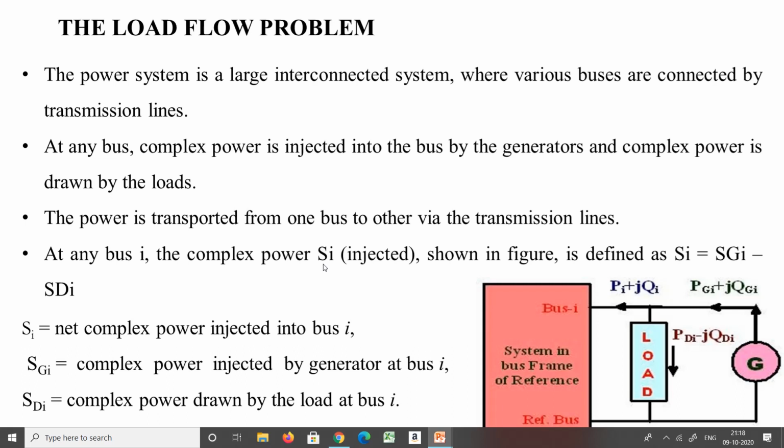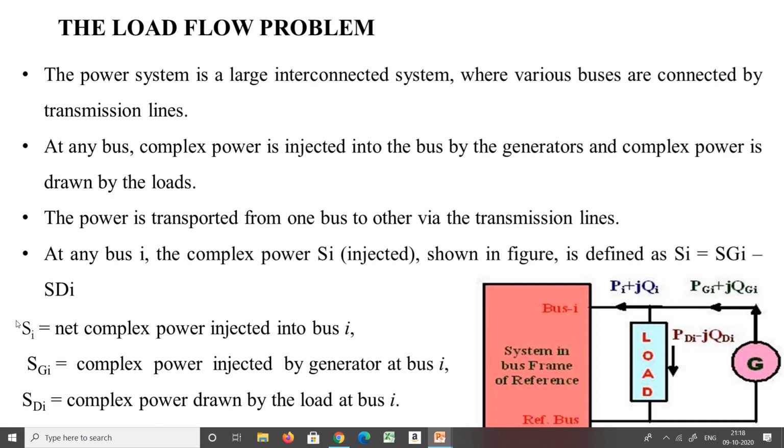What does it represent? S suffix i represents the complex power injected to bus i. SGi represents the generator and SDi represents the power drawn by the load at bus i.